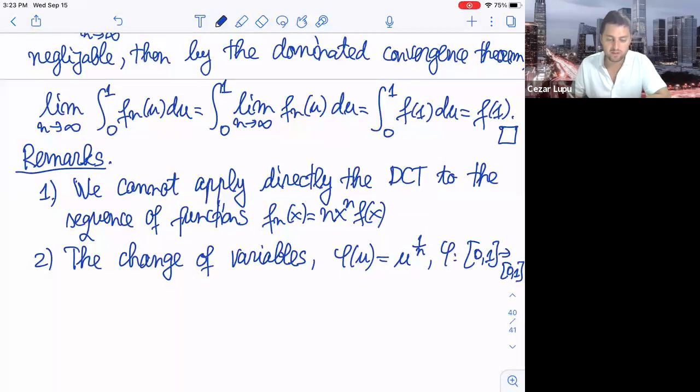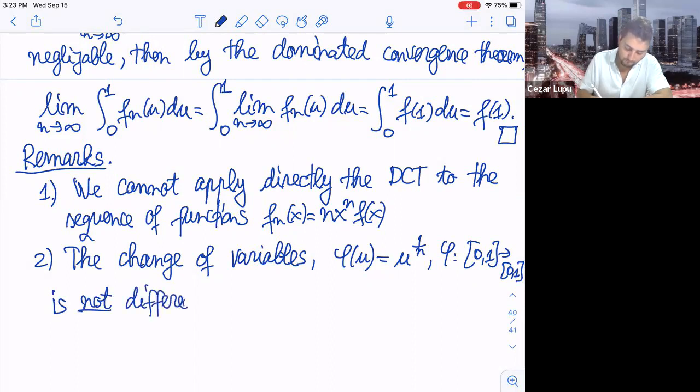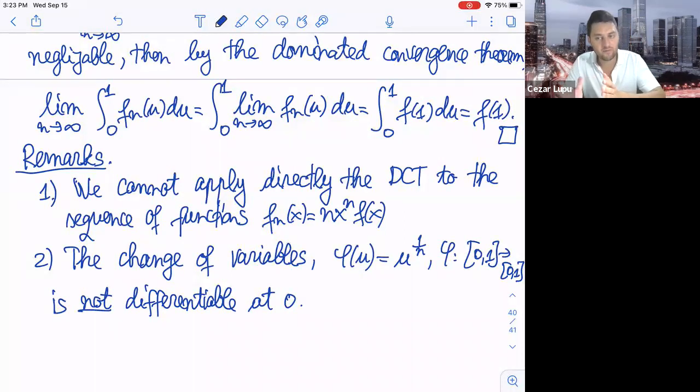When we perform this change of variables, this function is not differentiable at 0. So if we want to be more pedantic, we can consider the change of variables away from 0.